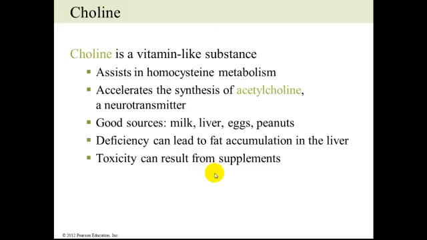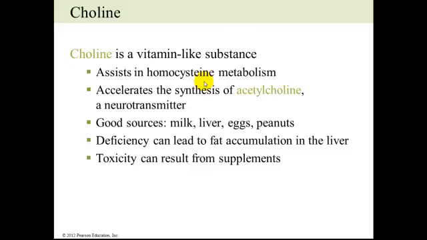Okay. Choline is also important in homocysteine metabolism, which we mentioned before. High levels of homocysteine are related to cardiovascular disease. Some of the very good sources would be things like milk, liver, eggs, and peanuts. These are all good sources of choline.